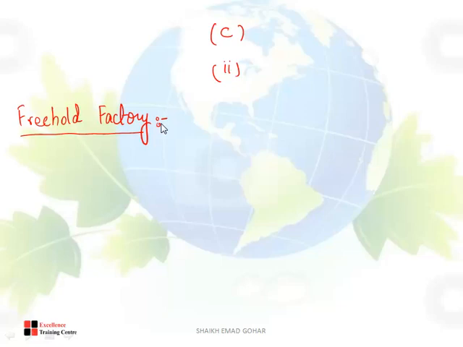Now we need to see, can we roll over this gain or not? This is the question. So what is the cost of this freehold factory? 166,000. So I am writing here cost, less rollover relief, if any, and this is the base cost.